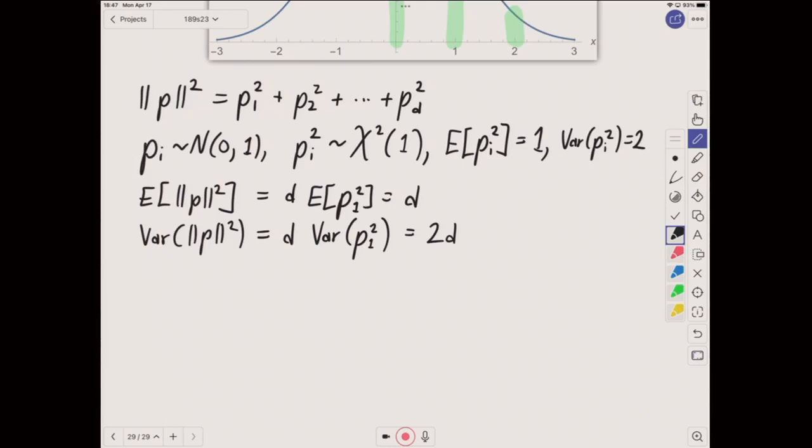Though we really want to think about the standard deviation of the size of p squared, because that's more useful for understanding how much p squared itself is likely to vary from its mean. So the standard deviation is the square root of the variance, so square root of 2 times d.